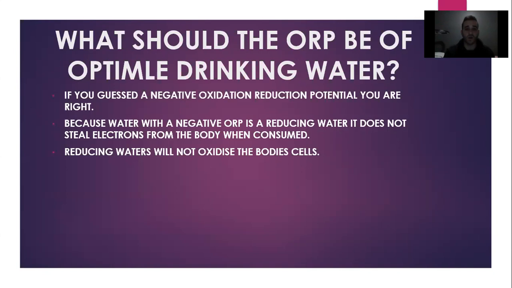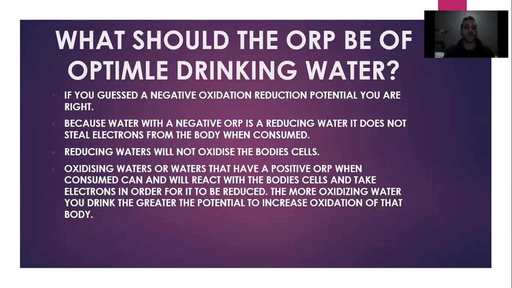Reducing waters will not oxidize the body's cells. Oxidizing waters, or waters that have a positive ORP, when consumed, can and will react with the body's cells and take electrons in order for it to be reduced. The more oxidizing water you drink, the greater the potential to increase oxidation of the body.